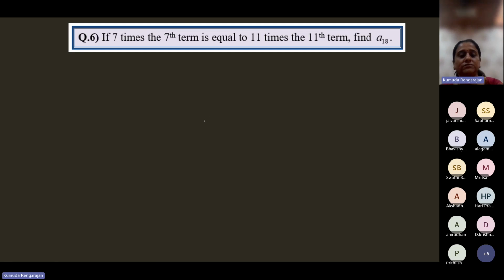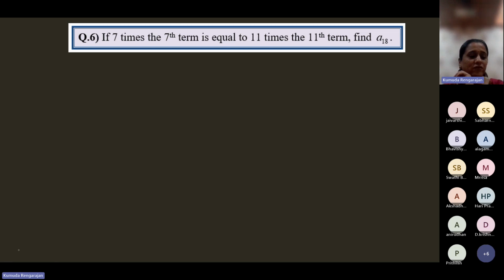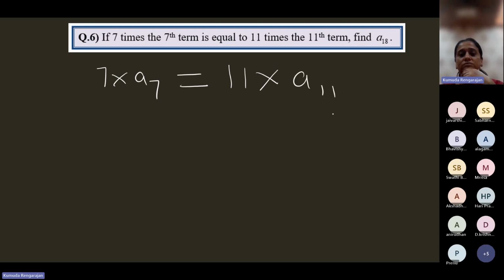Okay, next one. If 7 times the 7th term of an AP is equal to 11 times the 11th term, find A18. The word AP was missing, so this is an AP.